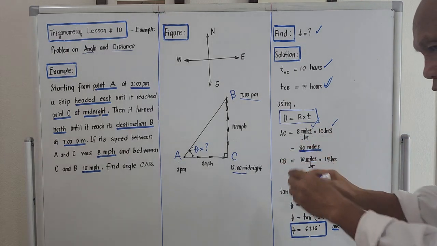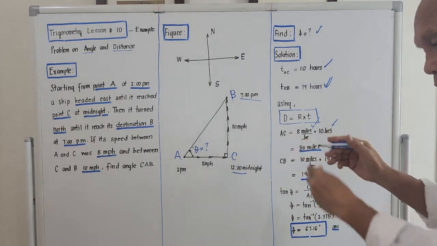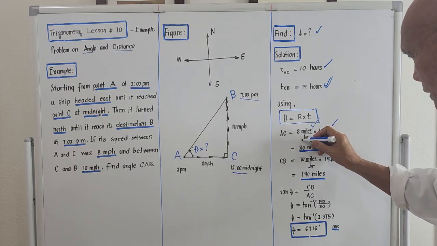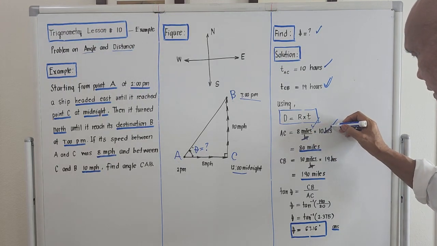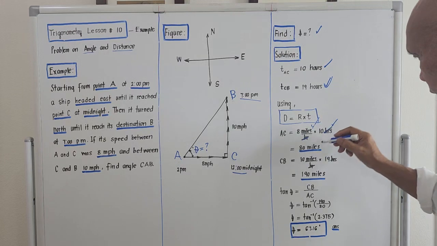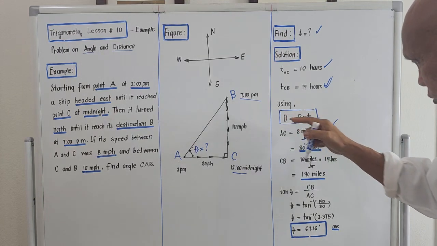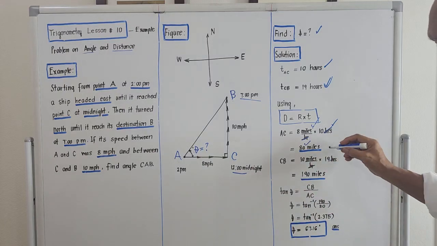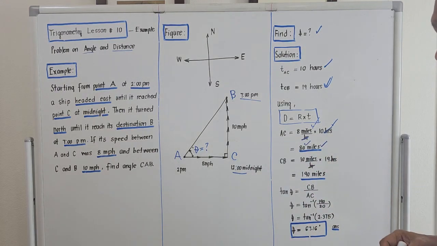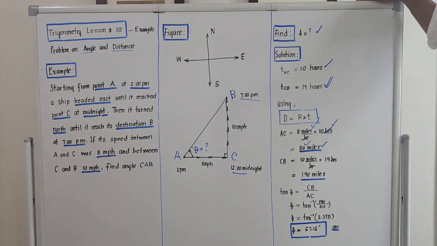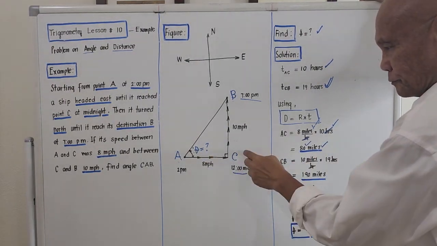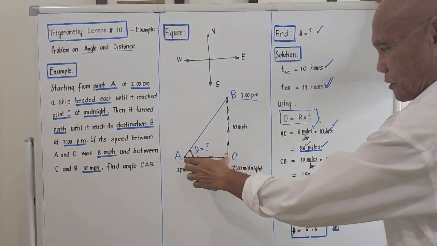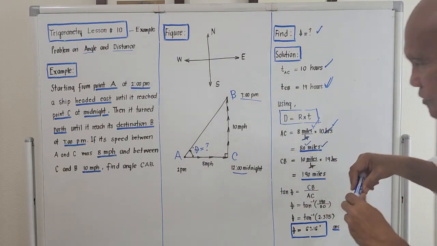There will be no violation as long as the operation is multiplication. So this hour cancels with this hour. 8 times 10 will be 80. And the resulting unit of AC should be a distance, so this is 80 miles. Meaning to say, from A to C, the total distance traveled is 80 miles.